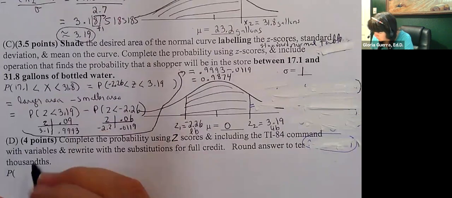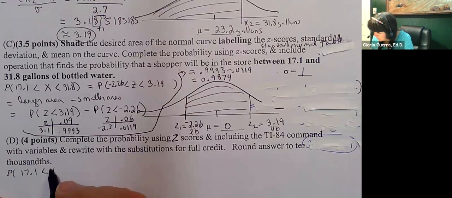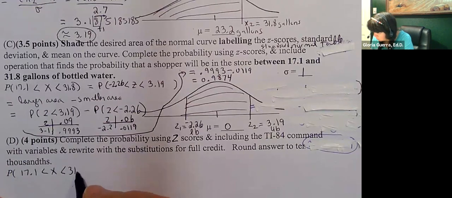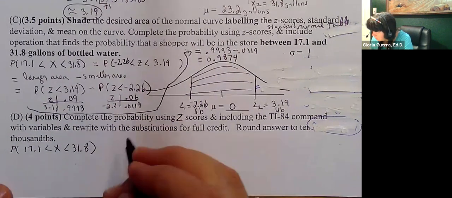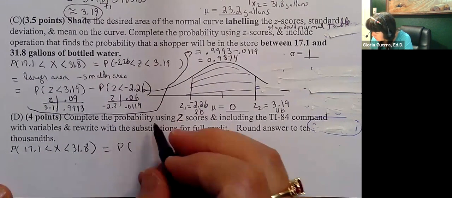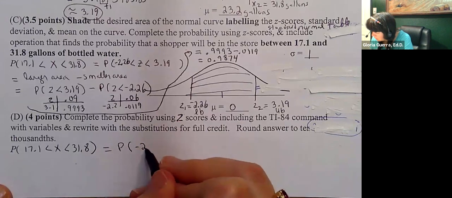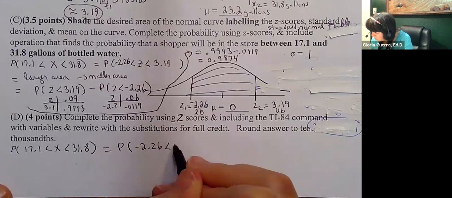It started off as X's that were trapped between 17.1 and 38. And then we ran it through and standardized it. And we got these Z's.